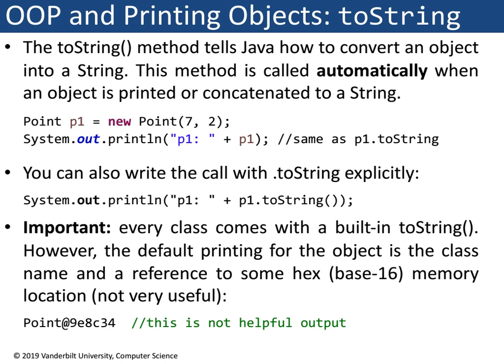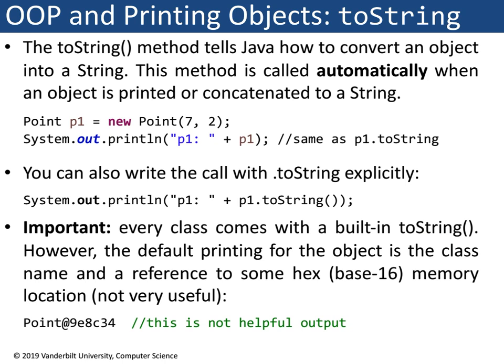And this toString method always prints out the name of the class and a reference to the hex location in memory. So like this. So the reason that when we called myArray.toString, we wound up with some memory location being returned in a string is because every object in Java comes with a built-in toString method.